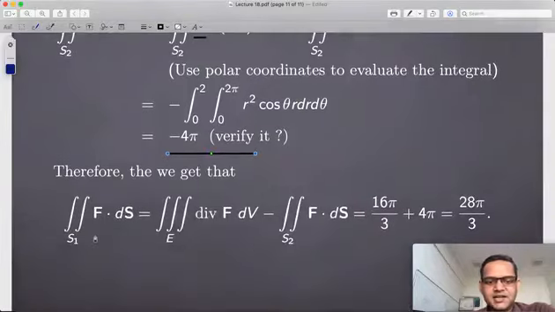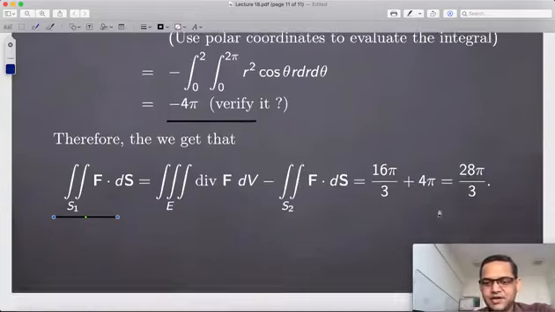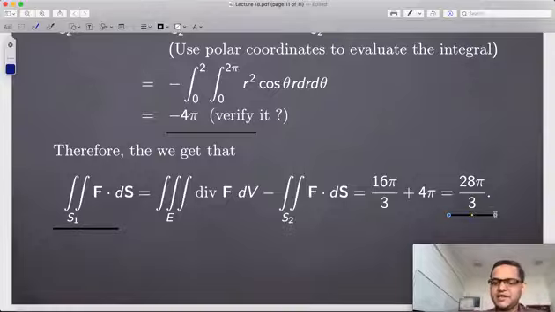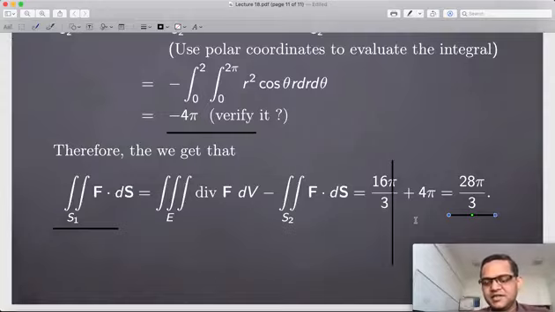Hence the surface integral over the part of the paraboloid is going to be this volume integral minus the thing which you had added. So I am getting this answer, please verify this. This is how you have to use these two theorems to simplify the integrals which you are dealing with.